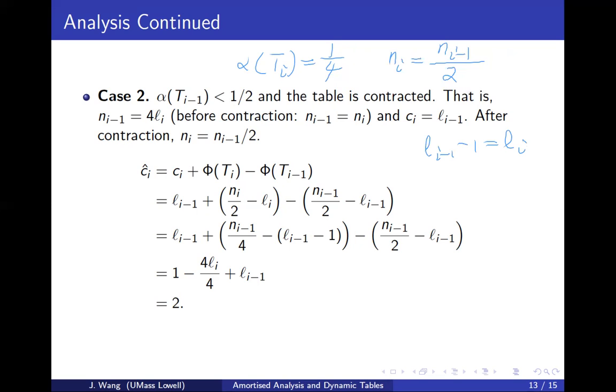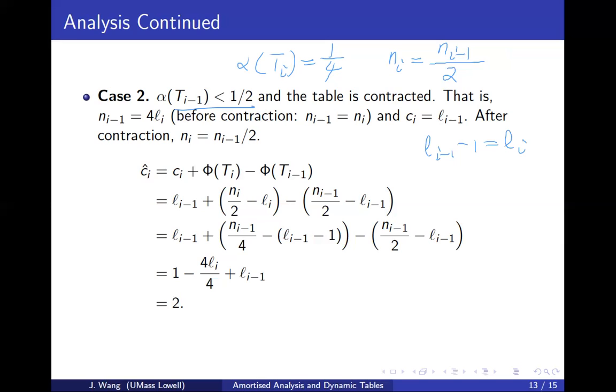Because this is less than 1/2, and you delete 1, the load factor is still less than 1/2.